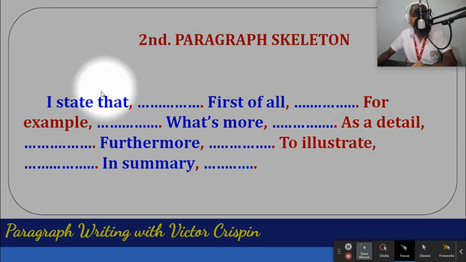As a detail, introduces the second example. Furthermore, introduces the third supporting sentence. And finally, we have to illustrate in order to introduce the last example. Finally, we have in summary, this is a connector in order to introduce the concluding sentence. All right, you can use any of these.